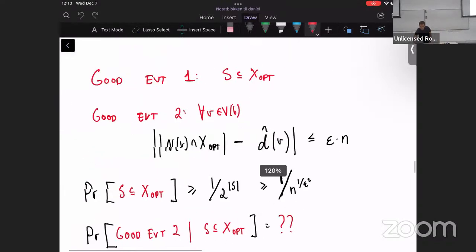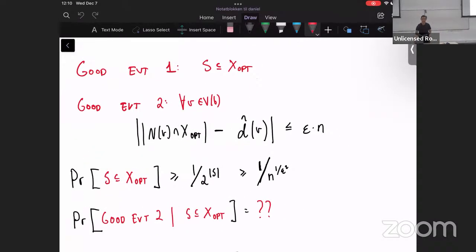So our good event is now that S is in X opt. And the second one is that for every vertex, N of v intersection X opt is actually close to our estimate, which is equivalent to saying that all of our S's were close to their expectation.